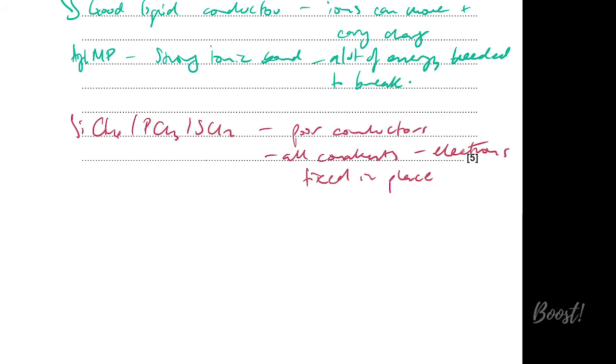So silicon chloride, phosphorus chloride, or sulfur chloride, we'd say poor conductors because all covalent bonds. Covalent bonds mean that electrons are fixed in place and cannot move to carry charge.